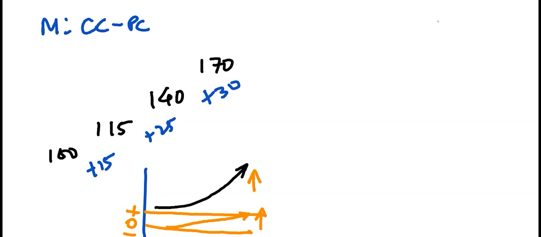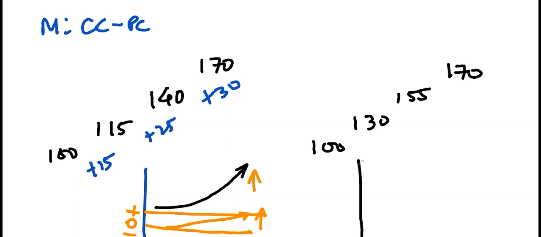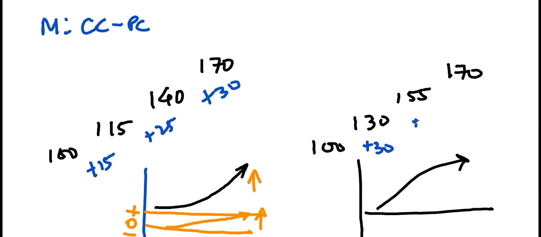But at the same time, there is another stock, 100, okay, 130, fine, 155, 170. Now this stock is also going up. Yes, this is also going up. But if you notice the momentum here, you would find out it's 30, 25, 15.